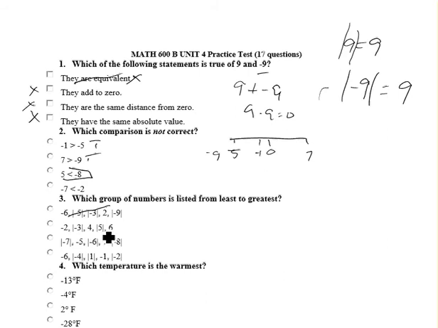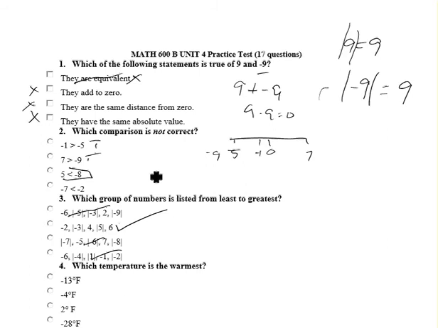So we go negative 2, 3, 4, 5, 6. That is least to greatest. And this is 7, negative 5. Well, 7's bigger than negative 5. This is negative 6, 4, 1, negative 1, 2. So, no, no. Okay, and we're on our last problem.